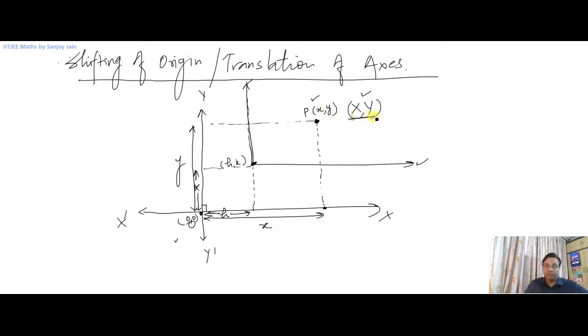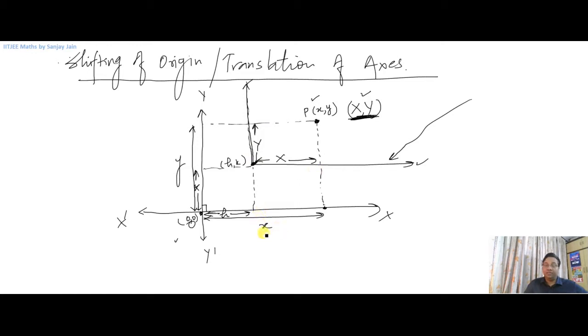Now these new coordinates are for this new system, right? So what will be this length as per the new system? This here is capital X and this length here is capital Y, right, as per the new system.